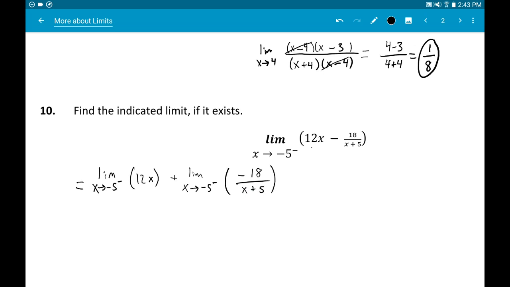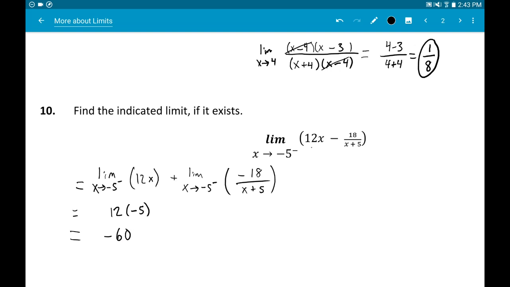Okay. So again, you can break it apart like that because it's multiple terms. The reason I did this, it's going to make it a little easier to look at. The first limit over here, you're able to just plug negative 5 in for x and calculate that. So you'd have 12 times negative 5 there. That's going to be negative 60. Okay, so you've got that one.